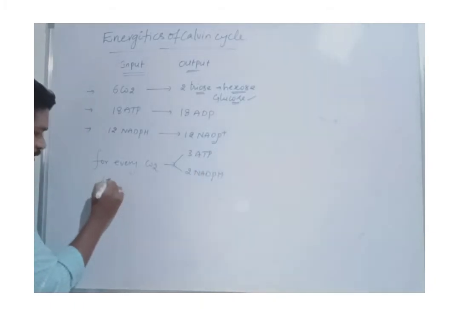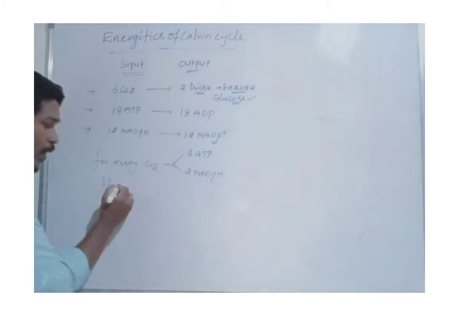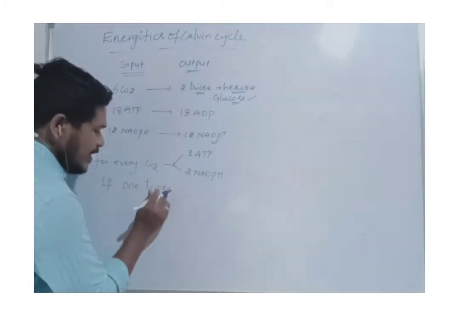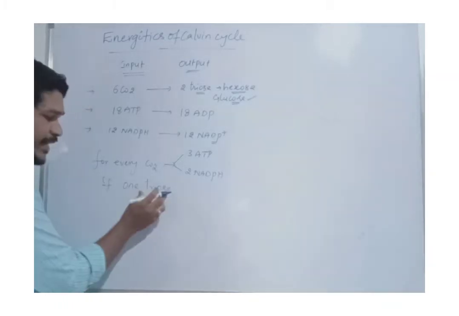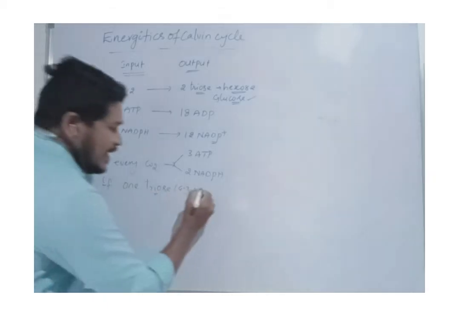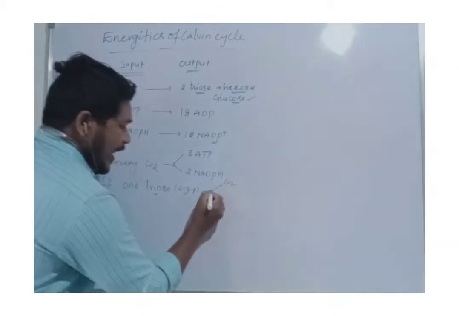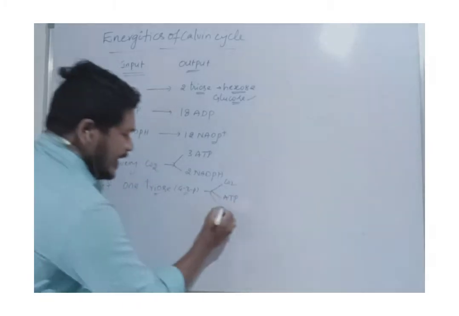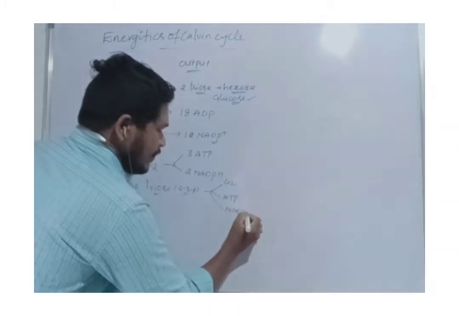For the formation of one triose sugar, which is nothing but glyceraldehyde 3-phosphate, how many carbon dioxides, how many ATP molecules, and how many NADPH molecules are required?